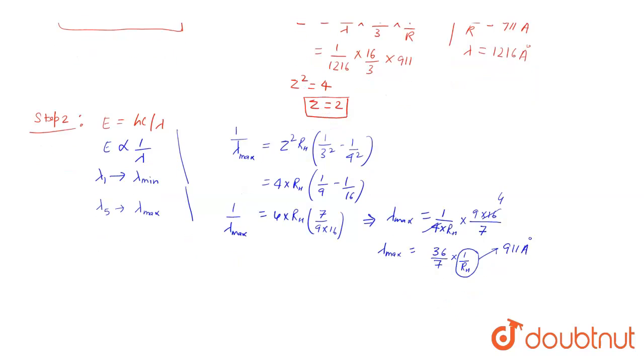Then lambda max is equal to 36 by 7 into 911 angstrom. And if you calculate 911 into 36 by 7, then you will get 4685 angstrom.